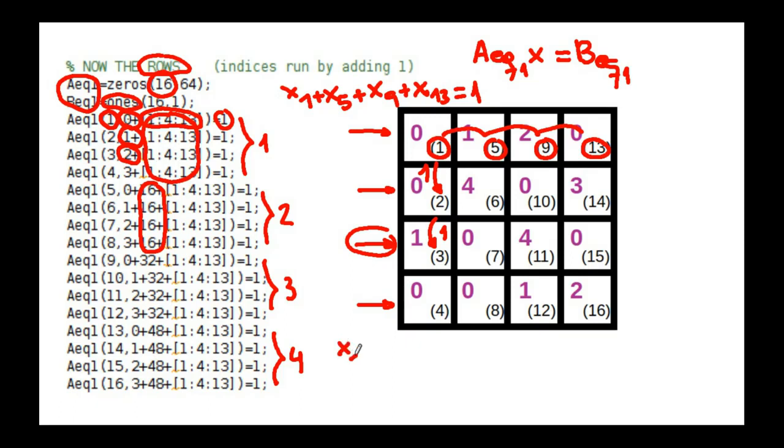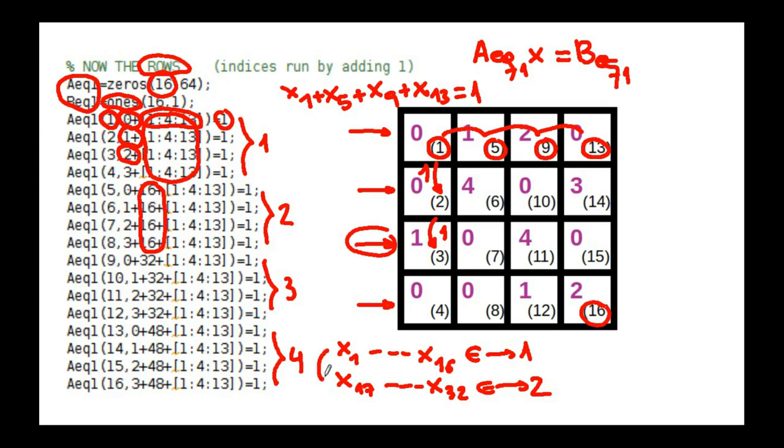Because from x1 till x16, these elements in the optimization array, all of them belong to number 1 in the final matrix. But from x17 till x32, they belong to number 2.